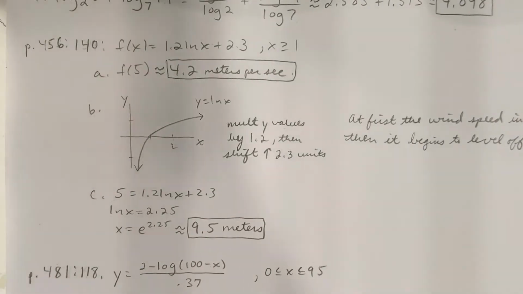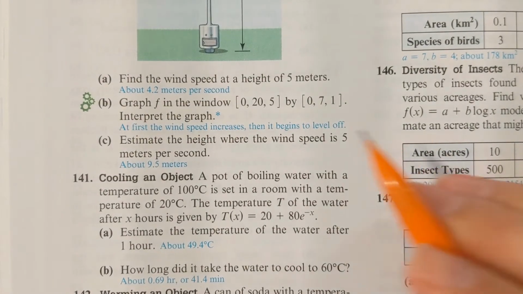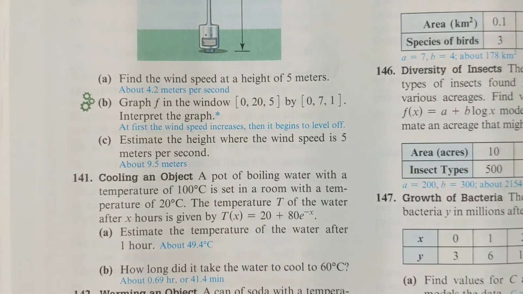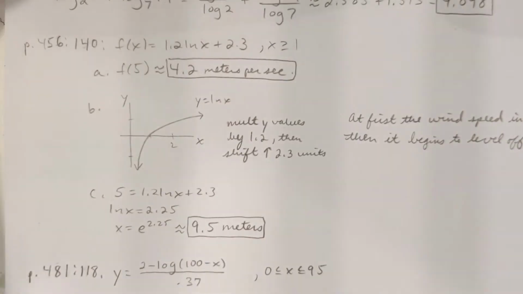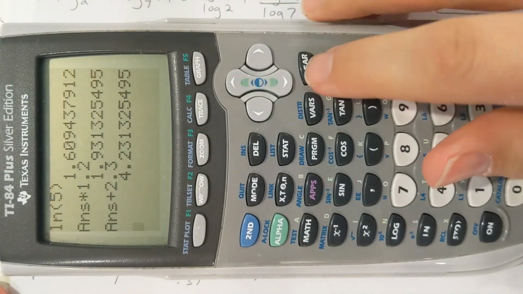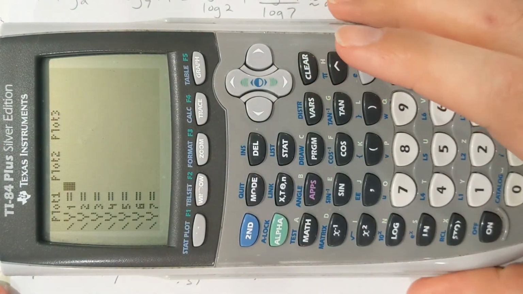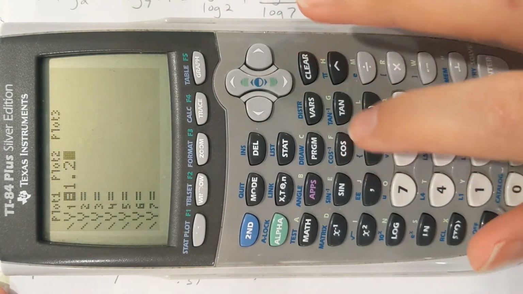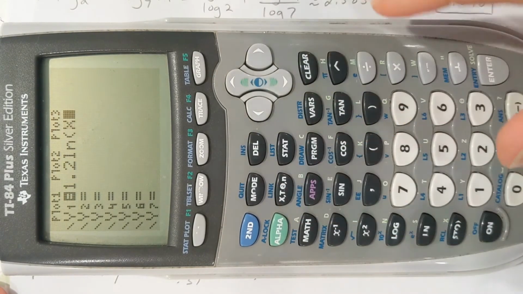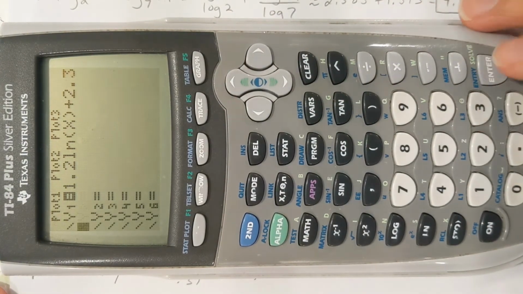Part B says to graph the function using this viewing rectangle and then interpret the graph. Okay, so if we do that using the graphing calculator, I'm going to hit y equals, I'll clear that out, it is 1.2 times the ln of x and then plus 2.3.